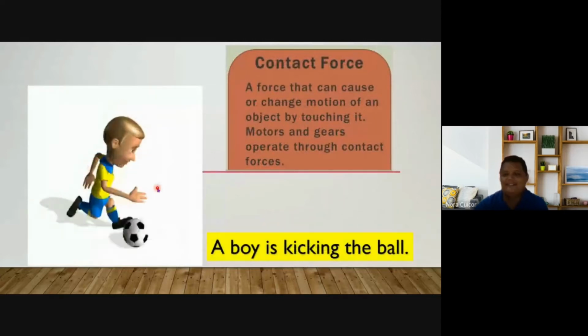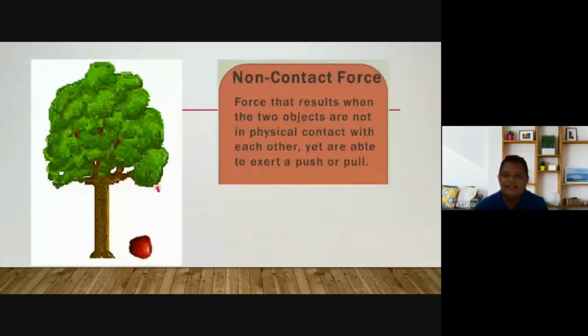Okay, so next one is non-contact force. Non-contact force is a force that results when two objects are not in physical contact. So it means that when a force is applied, this is natural. Non-contact force, you do not need to touch the object, but still the object moves.